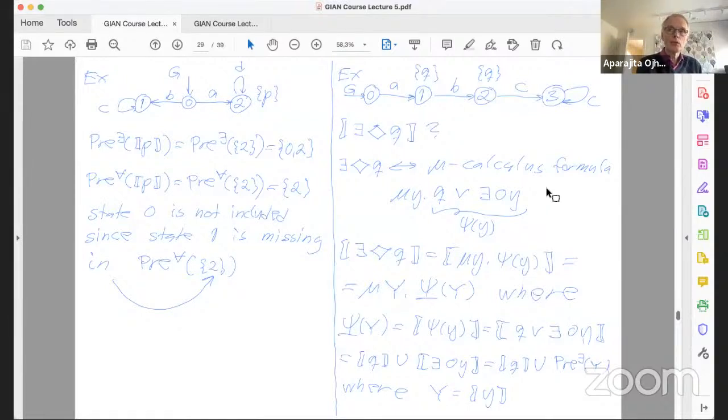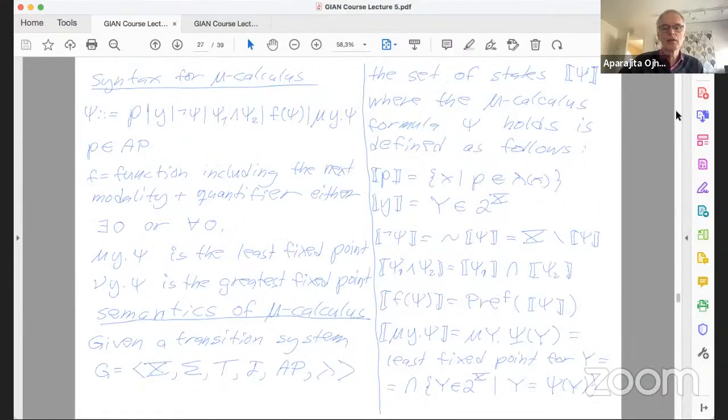And there they have also an extended table of mu calculus formulas. And remember that when you have combinations of these basic functions with and or in between, then you just evaluate the individual ones.